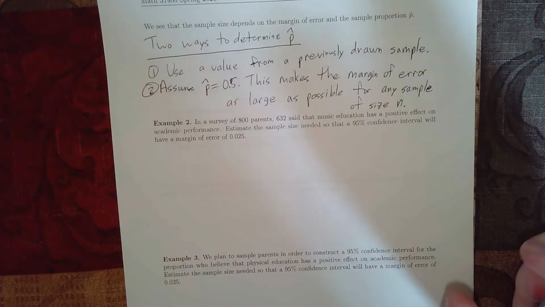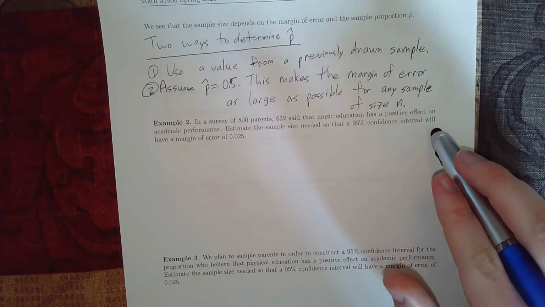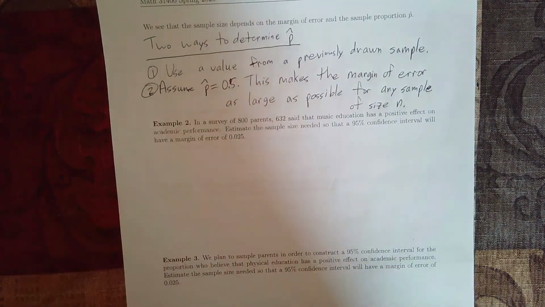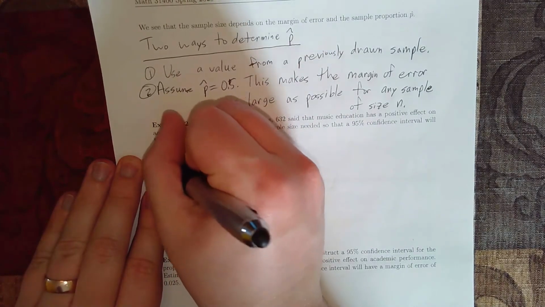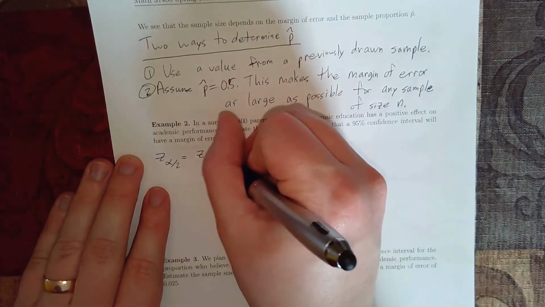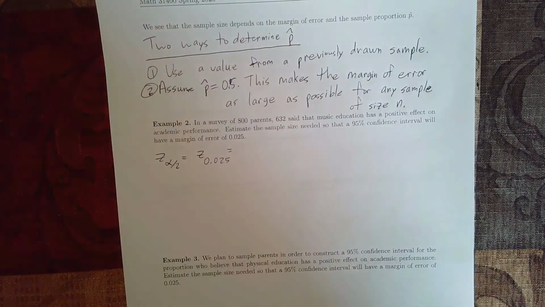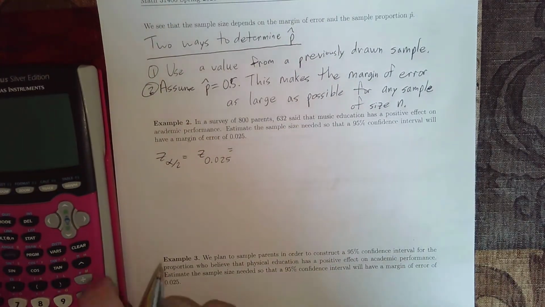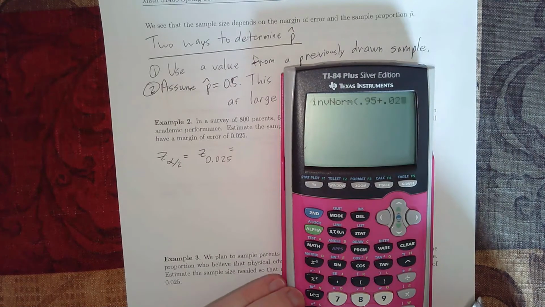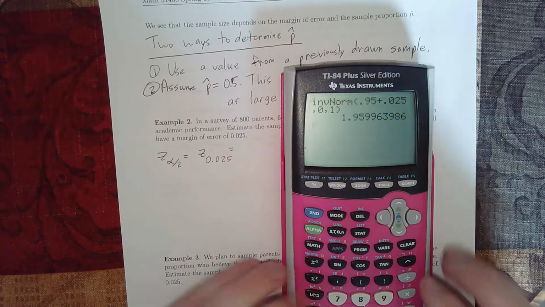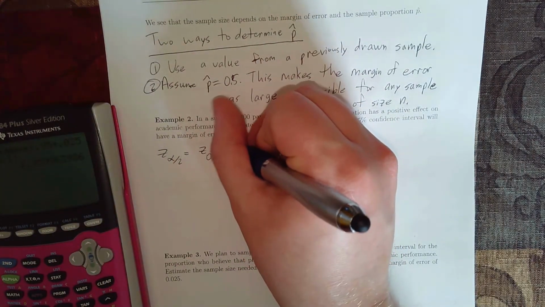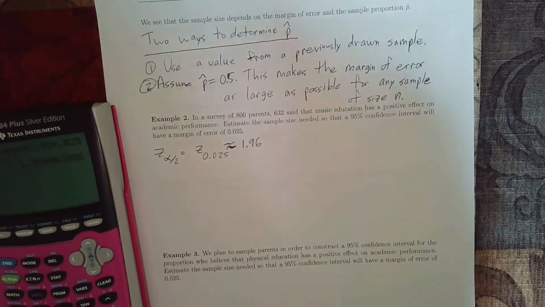We want to estimate the sample size we would need so that a z of 0.025, and so we want to go ahead and take the inverse norm of 0.95 plus 0.025, 0 and 1, and we get approximately 1.96 as that value.